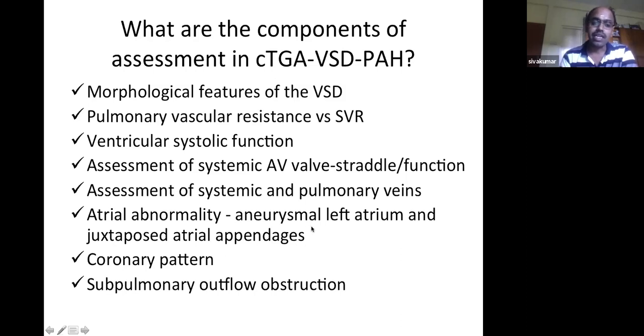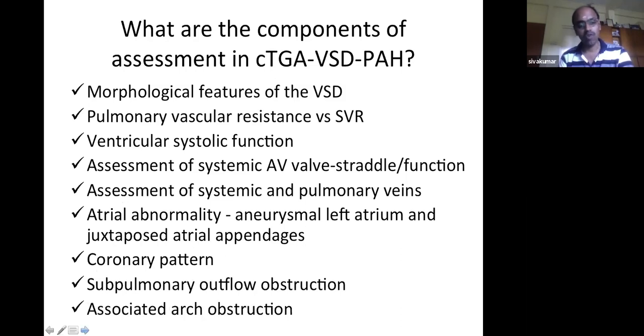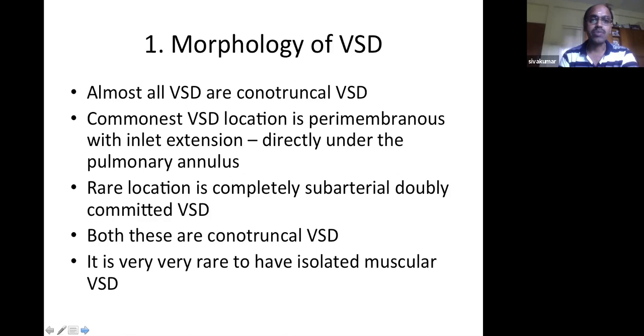Atrial abnormality, if there is an aneurysmal left atrium due to significant left AV valve regurgitation or a juxtaposed atrial appendage. Coronary patterns and presence or absence of subpulmonic outflow tract obstruction, and is there an arch obstruction. So these are the components that we need to take into consideration when we are thinking about the operability in corrective transposition.